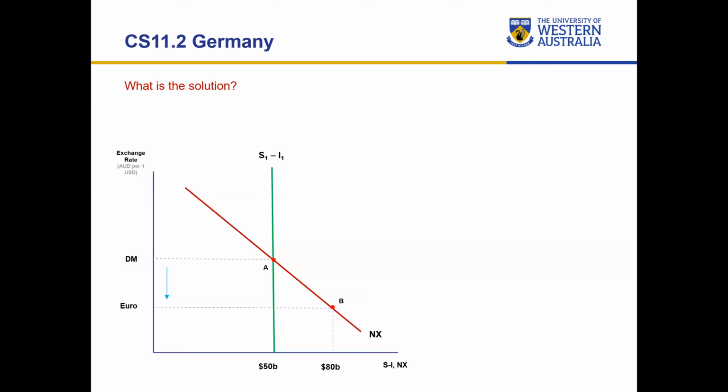And hopefully you can see the problems that it is causing, not only for German people, but for the other countries that are on the other side of Germany's large current account surplus. Obviously, if Germany is running current account surpluses with a lot of other European countries, then they're running current account deficits with Germany.